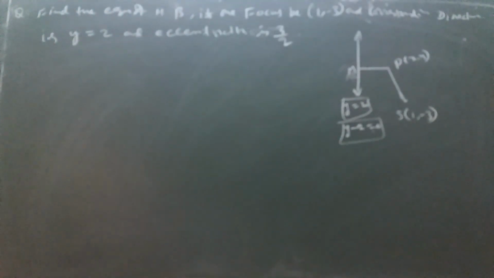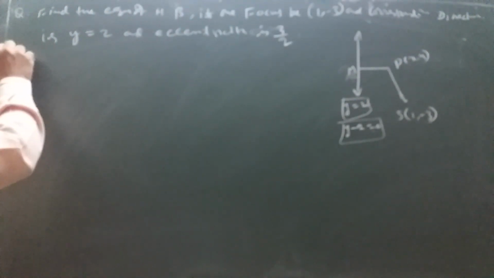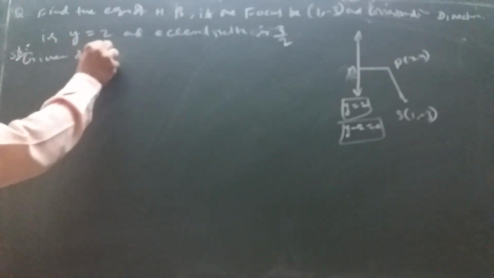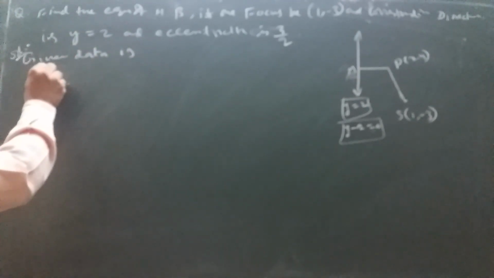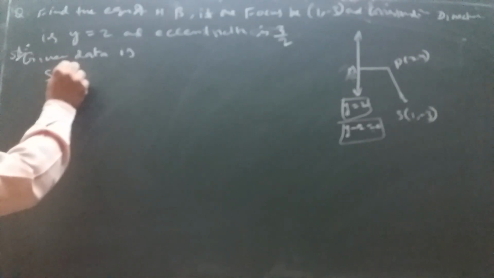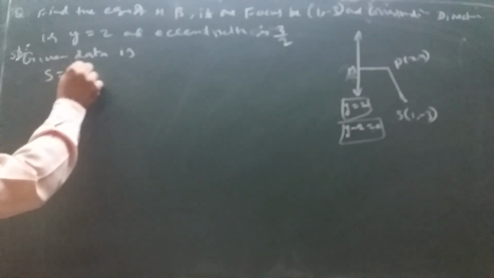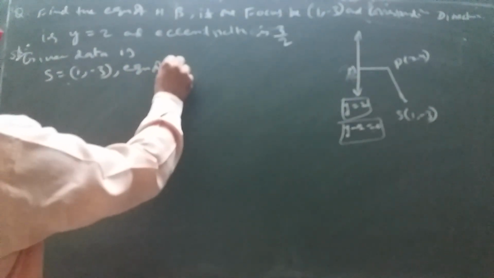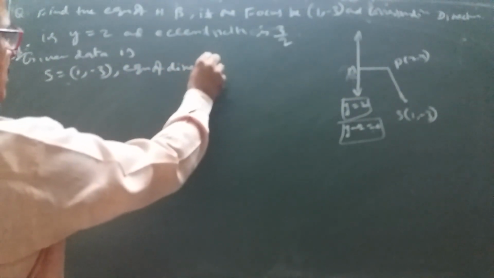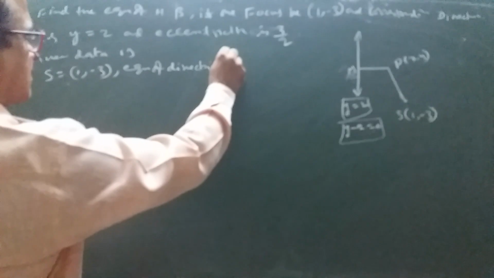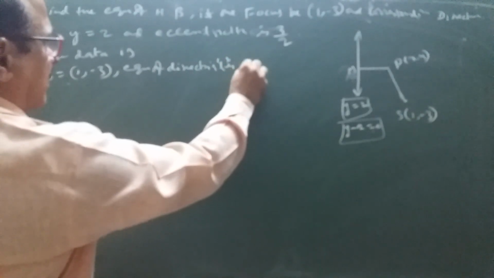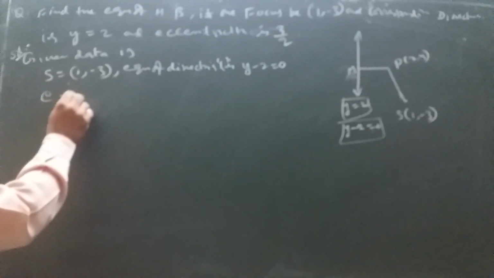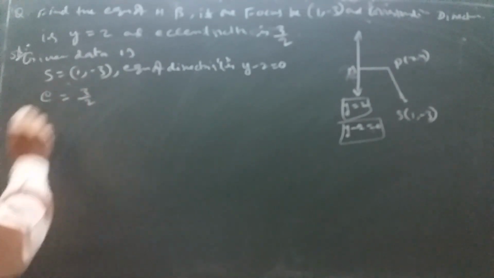So by the definition, given data: focus S is equal to (1, -3), equation of directrix L is y minus 2 is equal to 0 and eccentricity e is equal to 3 by 2.